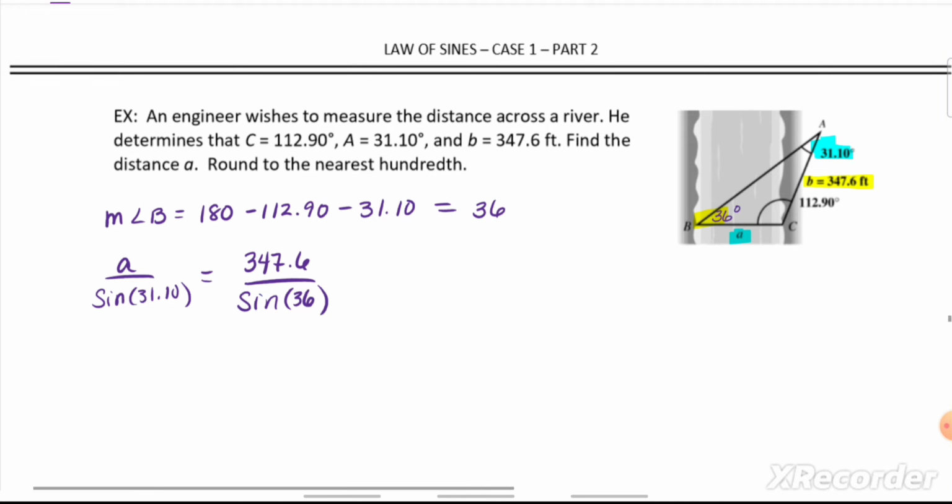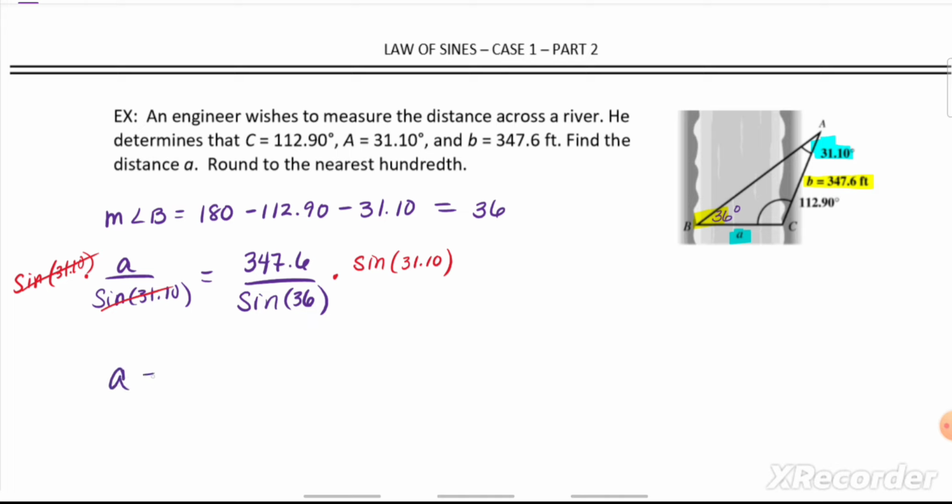To solve for A, all we need to do is multiply both sides by sine of 31.10. And we get our side A to be 347.6 sine of 31.10 divided by sine of 36.